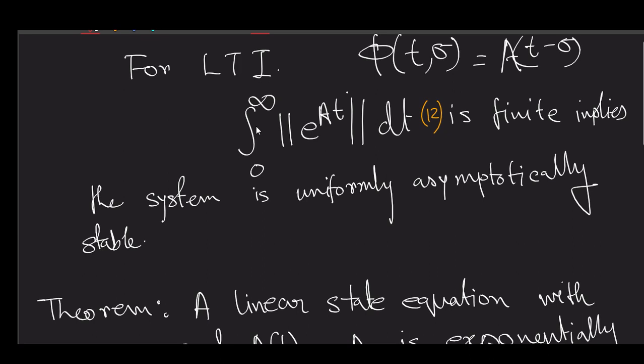So uniform exponential stability is equivalent to claiming that this integral is finite. In other words, for LTI, if you evaluate this integral and you find that the result is finite, or better to say the integration exists, then you can say it is uniformly exponentially stable.